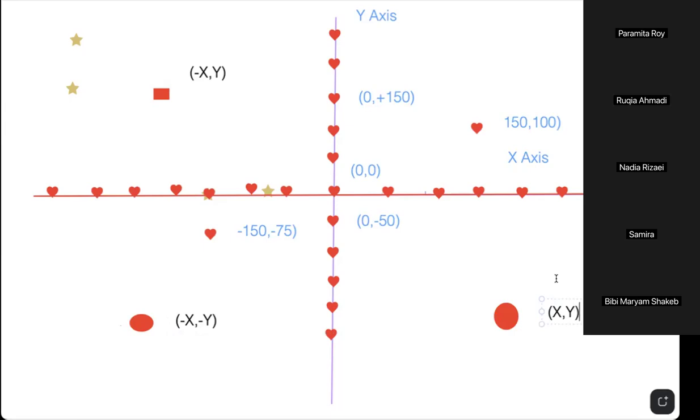Teacher, I think the x is positive and the y negative. Perfect, Rukia. Why is x positive? Because it is going on the right side of the horizontal line. Why is y negative? Because the position is going downwards on the vertical line. So y is negative and the x is positive.